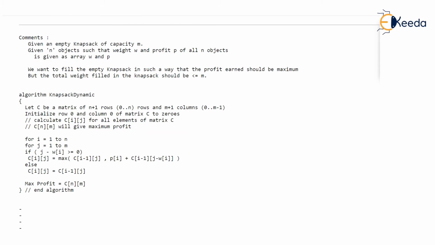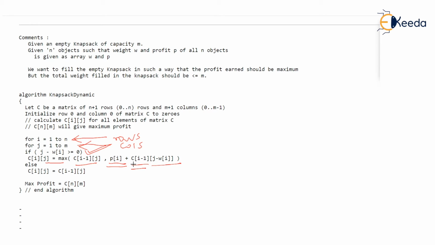As the algorithm says, for i equal to 1 to n, n is the number of objects, so these are rows. For j equal to 1 to m, m is the knapsack capacity, so these are columns. If j minus wi is greater than or equal to 0, then Cij is equal to max of Ci minus 1 j, comma, Pi, profit of the ith object, plus Ci minus 1 j minus wi.